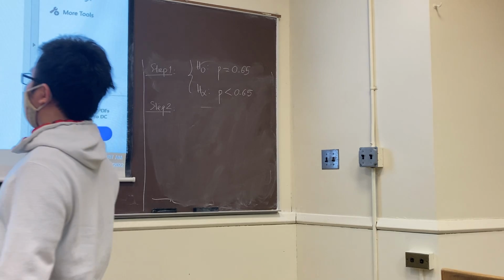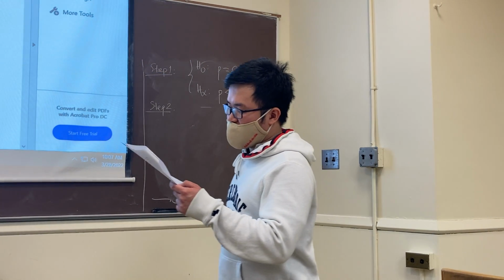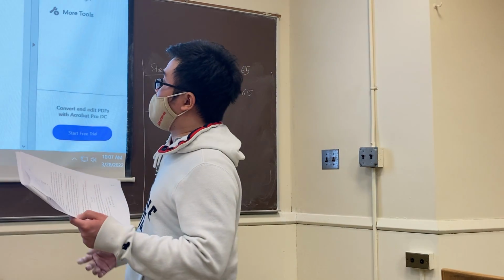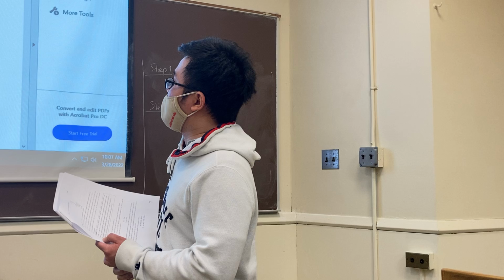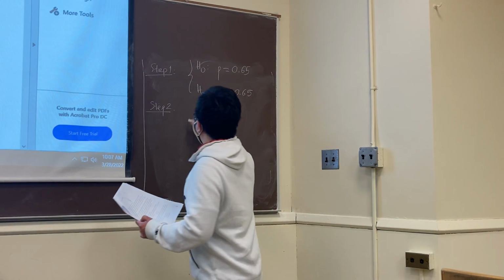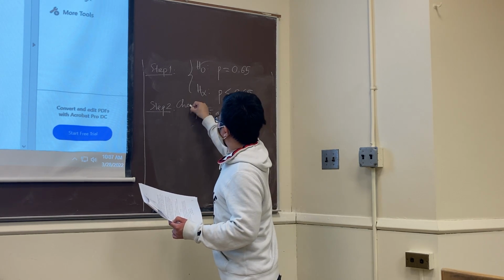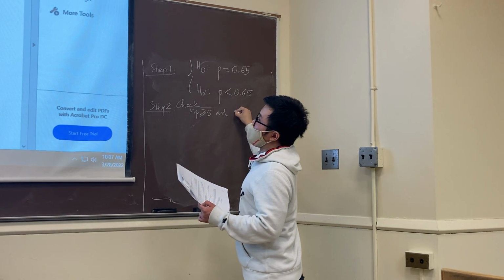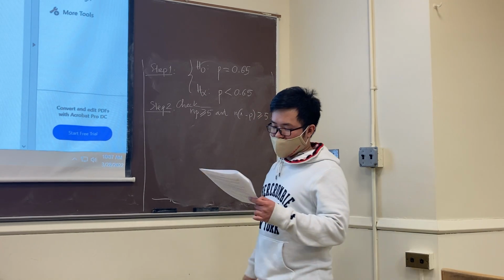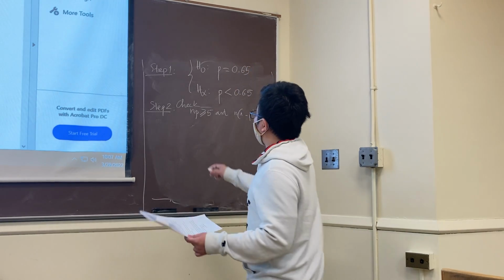The sample is a simple random sample, they say so in this question, so the first condition is satisfied. We only need to check that np is greater than 5 and n(1 minus p) is greater than 5.